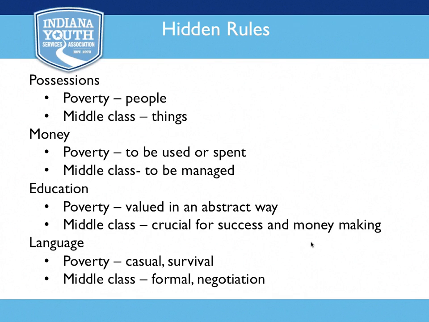Whereas in poverty, money is used and spent. It's not something you manage. If you have it, you use it, you spend it, and most of the time you spend it to maintain relationships. So money for middle class is about status and a broader base, but money for folks who come from generational poverty a lot of times is about using it to maintain those relationships.